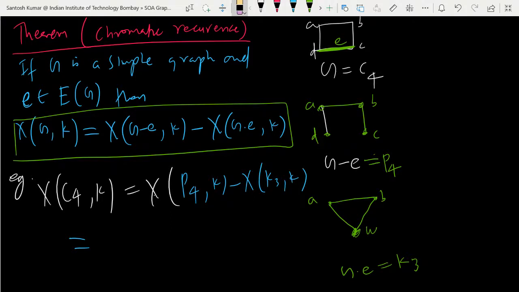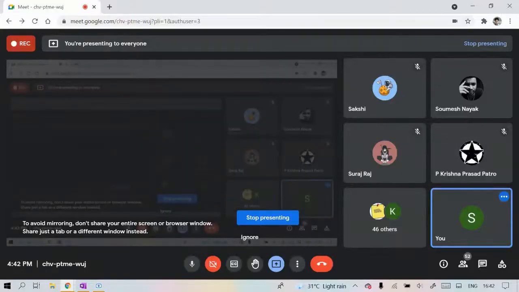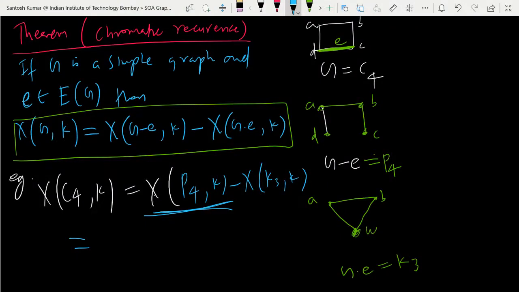Now tell me, what is the chromatic polynomial for P4? It is K into K minus 1 whole cube. You know it's a tree with 4 vertices, so K into K minus 1 power n minus 1.